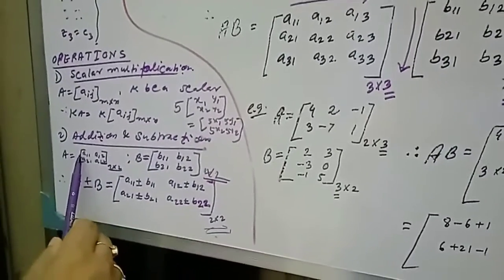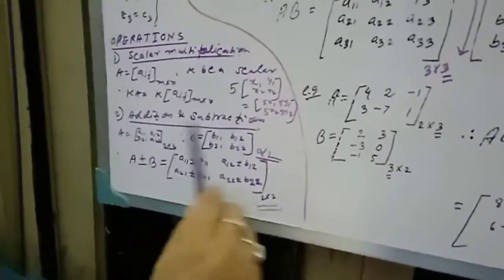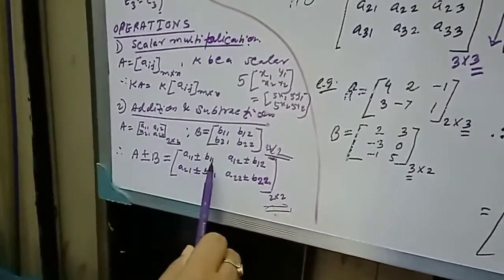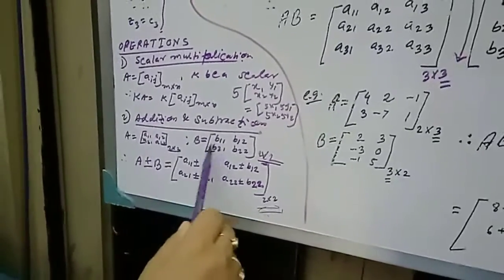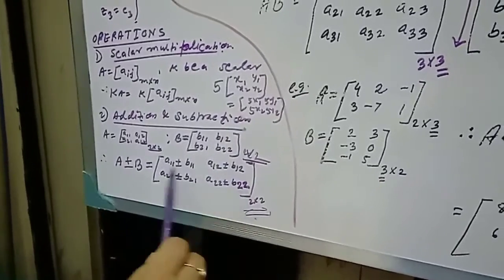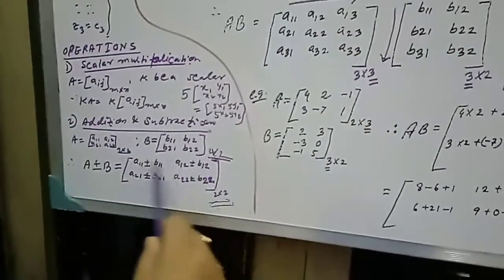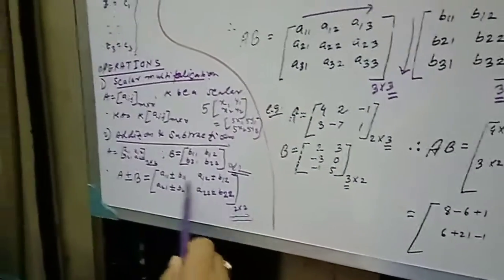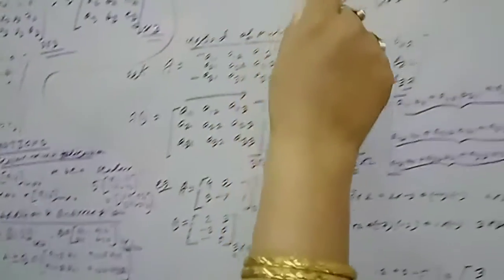First the 1 1 position element here and the 1 1 position here, these two will be added or subtracted. So a11 plus or minus b11, a12 plus or minus b12, a21 plus or minus b21, a22 plus or minus b22. When it is added, write only the plus symbol. When it is minus, write only the minus symbol. The resultant, again, there are 2 rows and 2 columns, so it is 2 by 2 order.